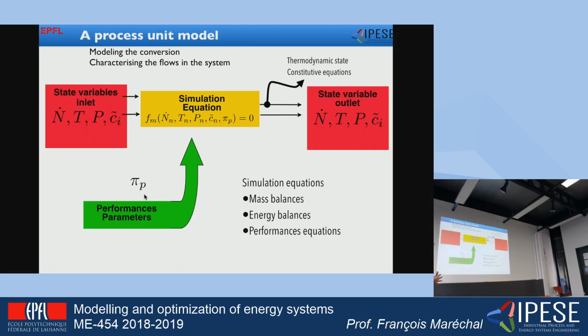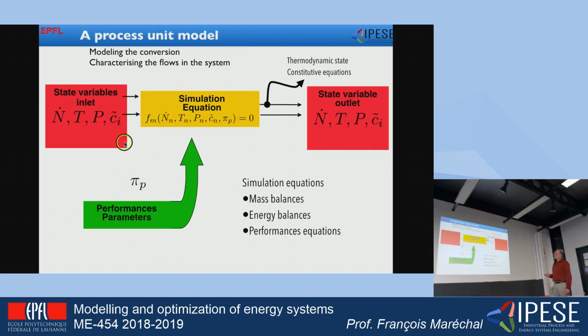The performance parameters are, for example, the heat transfer coefficient, or the roughness of the material that is used to create the pipes in the heat exchanger. Those characterize what is happening inside the unit and can be used in the performance equations, to which I'm going to add the balances here.